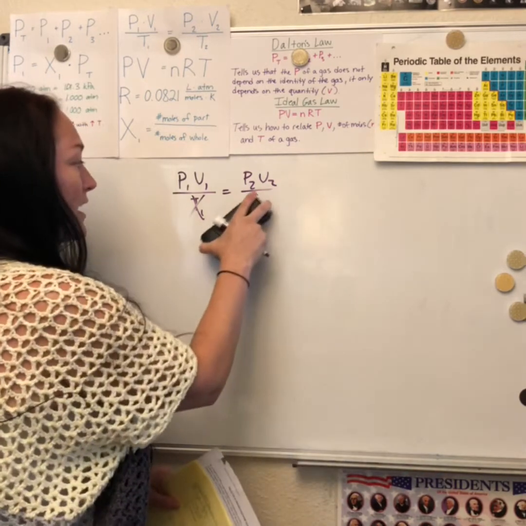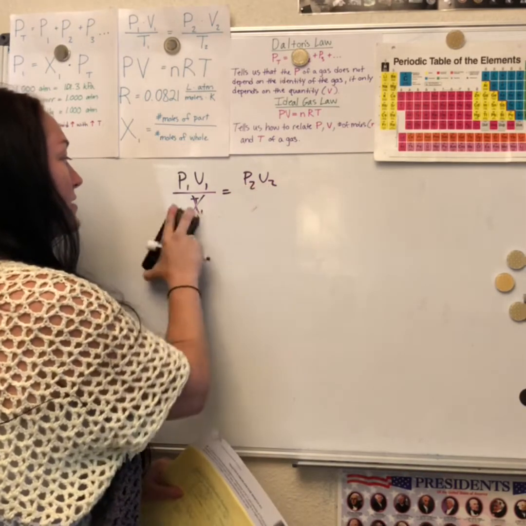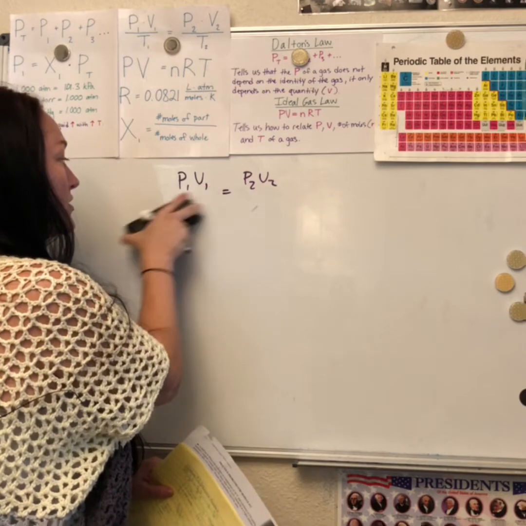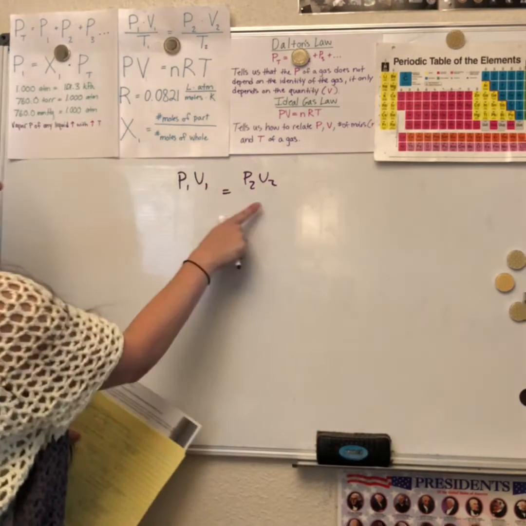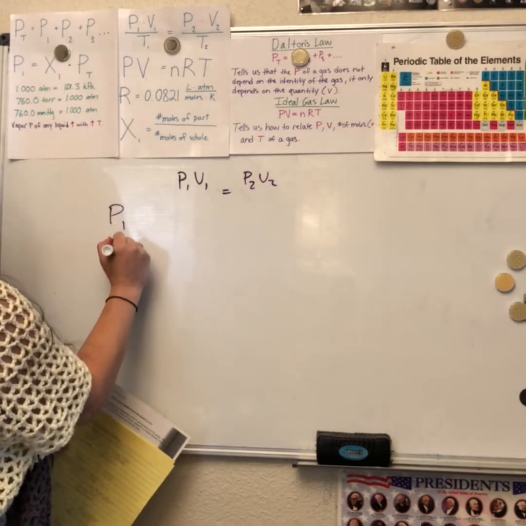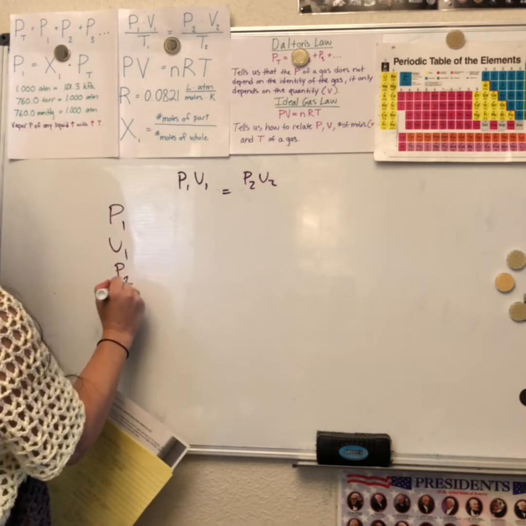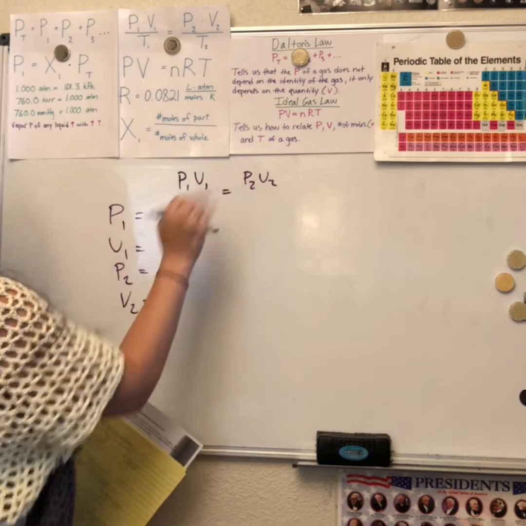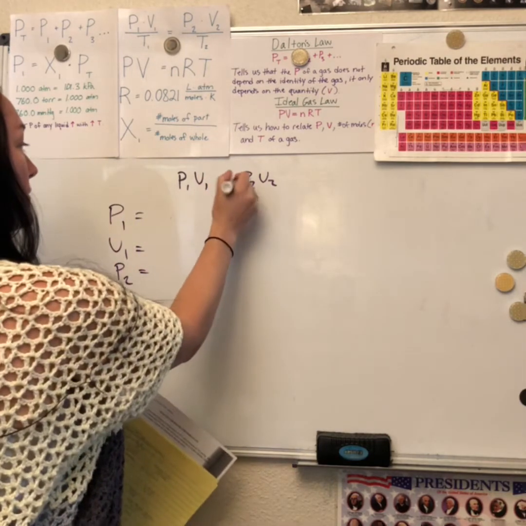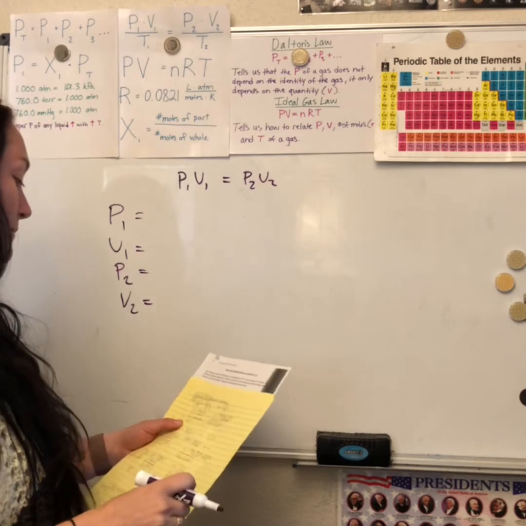Whenever they say this is constant or this stays the same or anything like that, you can just erase it because we're not going to need that portion of the equation. So these are what we're going to list off to the side: P1, V1, P2, V2. Figure out what we're solving for, move our equation around, and see how we can solve it.